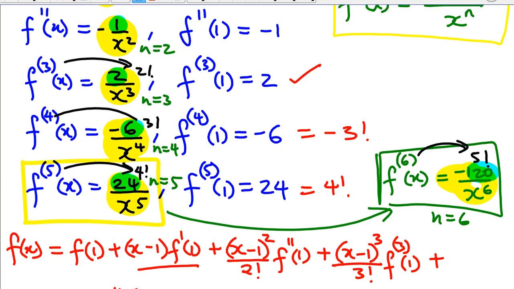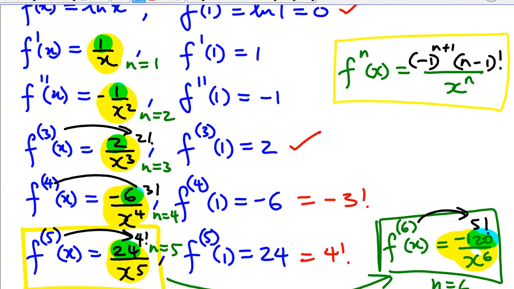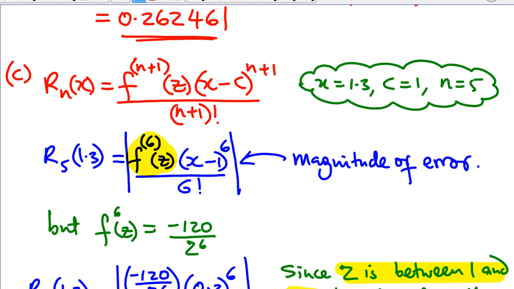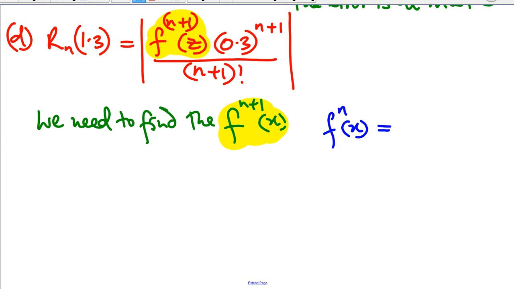That one, (-1) to the power n plus 1. So I'm just going to copy it here: (-1) to the power n plus 1, (n minus 1) factorial over x to the power n.